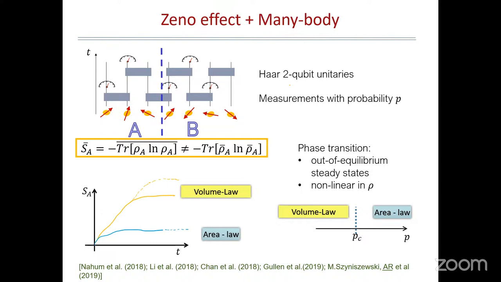So to be specific, and this is the first system that was studied in this context, I just take the simplest many-body system you can think of, which is just a one-dimensional spin chain with nearest neighbor interactions. And the way this system has been studied is in terms of quantum circuits, so the nearest neighbor interaction is general, indeed, it's just two-qubit unitary gates, which are completely random.